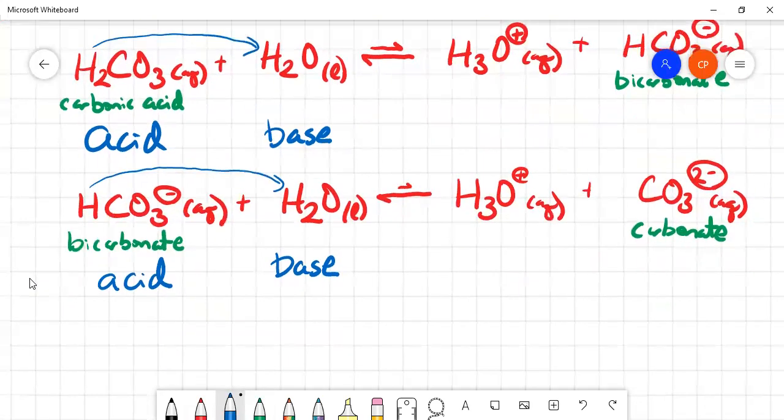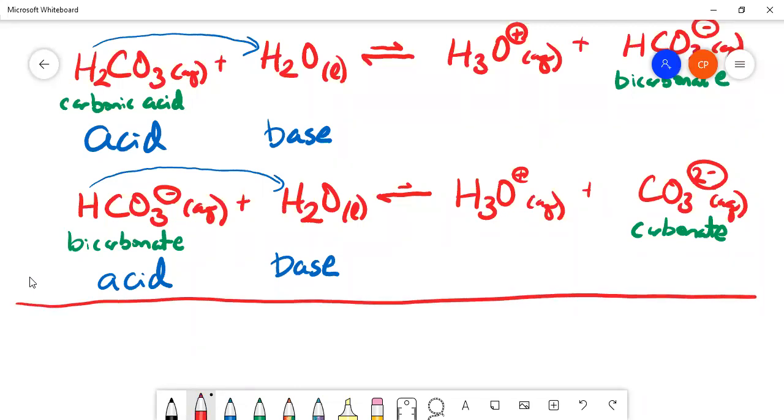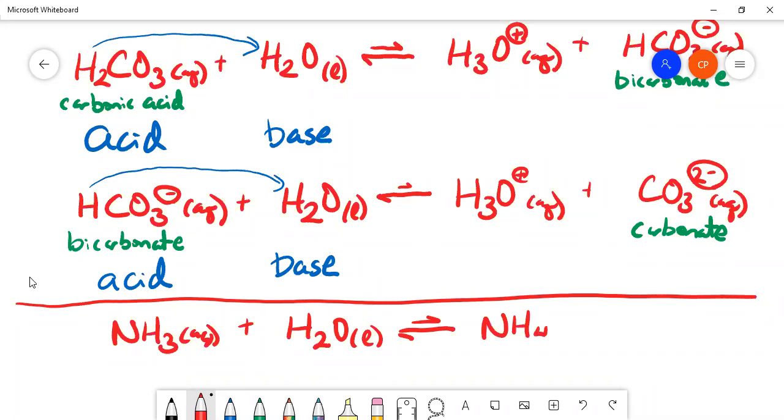Let me tell one more story. Let me actually bring back a different story. Let me bring back the ammonia story again. And we've already talked about this reaction here. Aqueous ammonia with water generates the ammonium ion, NH4+.